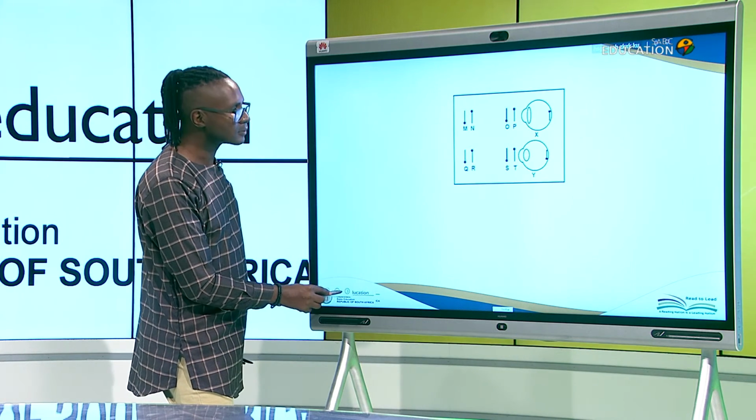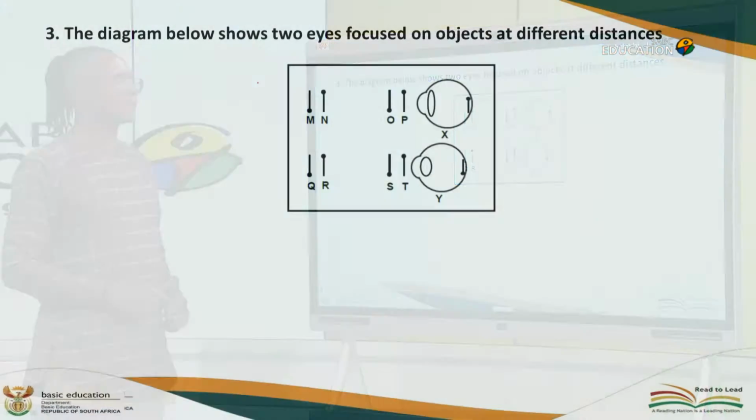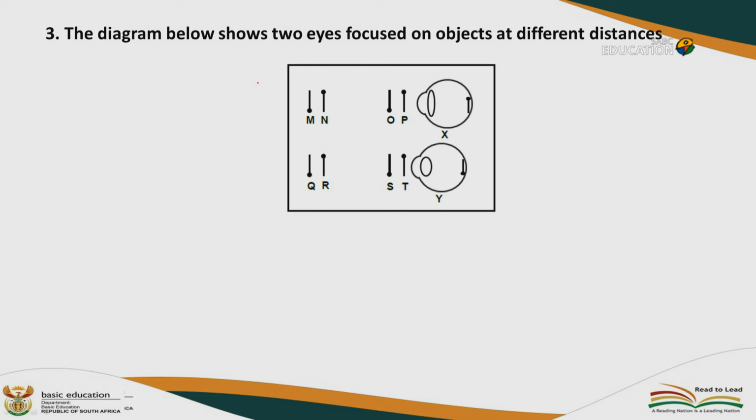Now, we are looking at this diagram. Here we are given the eyeball. Then we're looking at that one. What are the questions? They say in the diagram below, two eyes focus on an object at different distances.